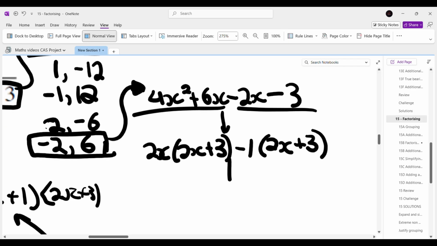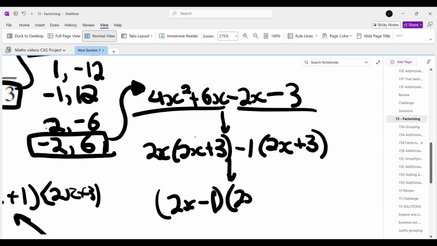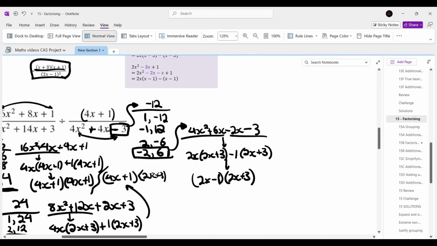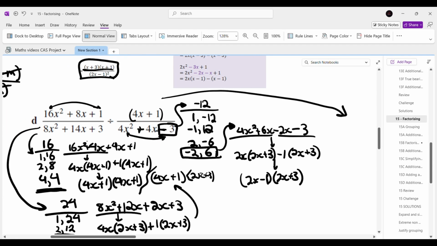And so now what we end up with is 2x minus 1 multiplied by 2x plus 3. And now that we have all our factorizations, we can just rewrite this equation. Obviously it's a divisor, so we can just flip this fraction.